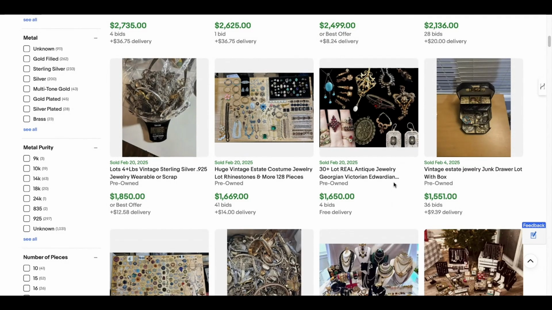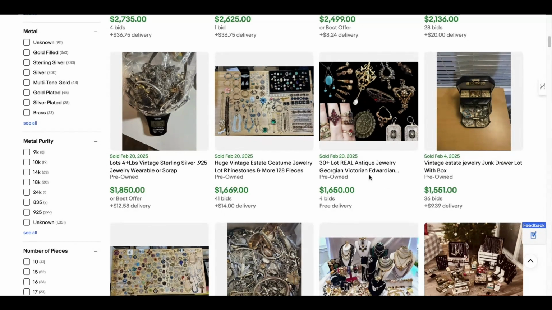So it just goes to show you that if you have something that people want, you don't have to get this perfect. Like I would not put real antique jewelry in here. I don't think real is something that people are searching for, but I could be wrong. And then this huge, I probably would not waste the space putting that in there. Obviously, if you're putting in 128 pieces, people know that that's a pretty nice size lot.